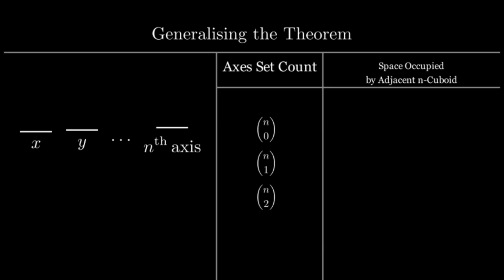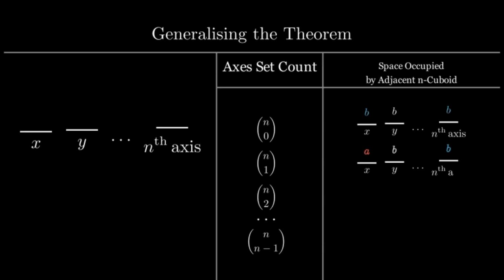We would then extend the side lengths of the n hypercube by b. N choose 0 n cuboids would occupy a space of b times b times b, and so on. N choose 1 n cuboids would occupy a space of a times b times b times b times b. N choose 2 n cuboids would occupy a space of a times b, and so forth.